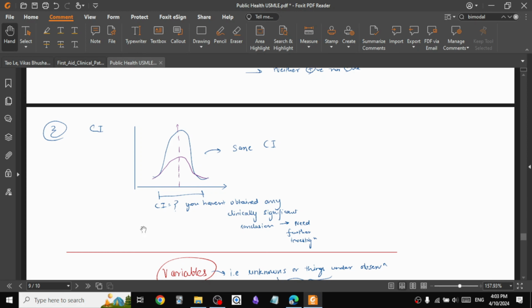The interval means the difference between the two peaks. What is the difference between these two peaks? There is no difference. Confidence is undefined. It's zero. So I need these two peaks to move apart or closer to each other, or move to the left or the right. That is the confidence interval.